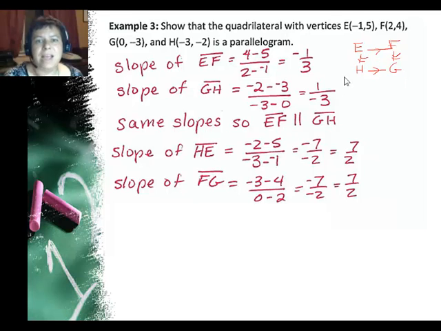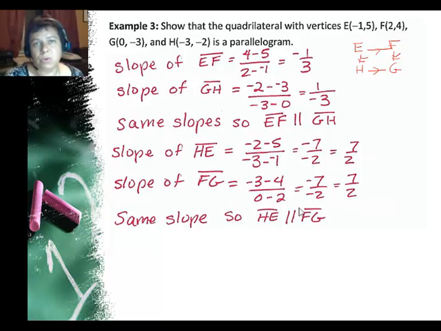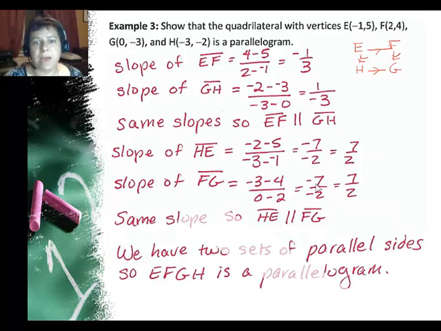So I did HE, found the slope, and I got 7/2. I did FG, and I found the slope is 7/2. Well, that means that those two are parallel. Well, by the definition of a parallelogram, if you have opposite sides are parallel, then the quadrilateral is a parallelogram.